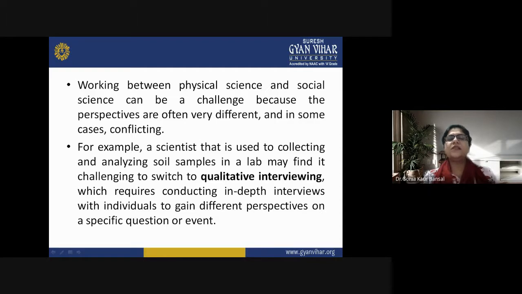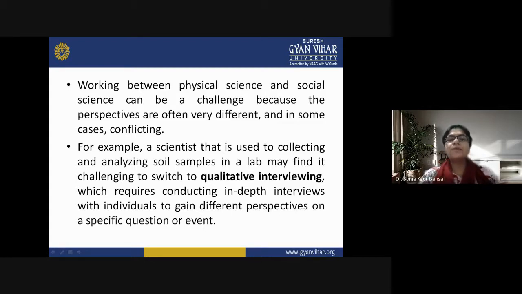Physical science is related to different rules, like the gravity rule, but social science is related to history, political geography, and civics also. So this may actually be contrasting sometimes.